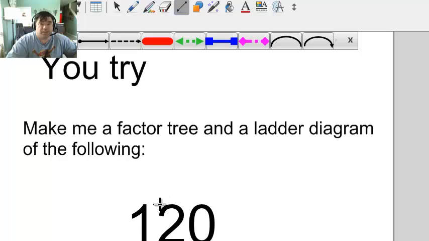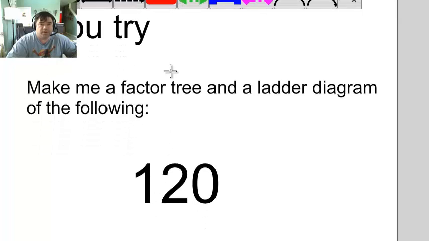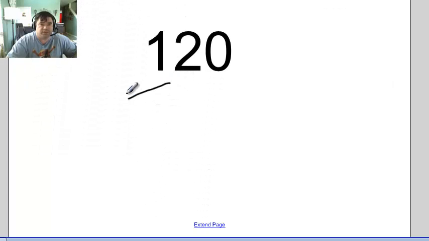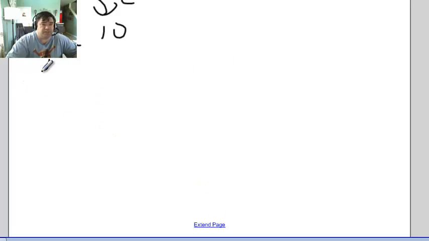Well, in my case, for the factor tree, what I would do is I would go ahead and say, well, 120 I could say is a 12 and a 10. Because I could say, okay, that's 12 times 10. And from there, I'd say 12 makes, well, a 3 and a 4.